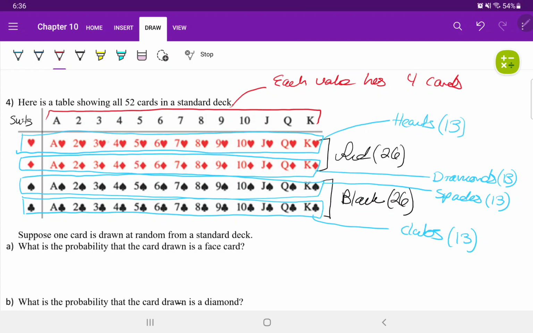And if you can count, there are 13 values. So 13 values times 4 cards in each gives me 52.